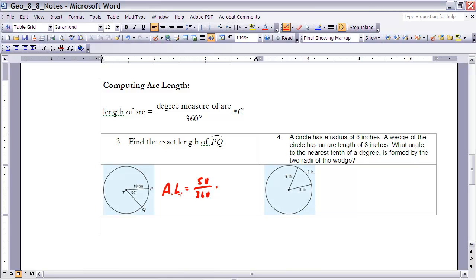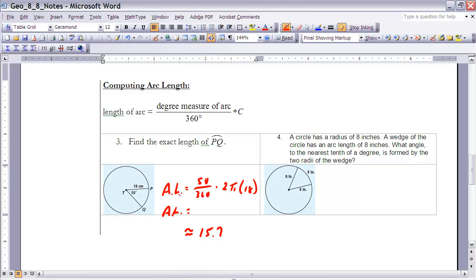And I know the circumference is pi times the diameter, or 2 times pi times the radius. So I'm going to say times 2 times pi times, in this case, the radius is 18. If I multiply that together, I will have the arc length for this particular one. Why don't you try that on your calculator at this time? Pause the video now, try it on your calculator, and turn it back on, and I'll have the answer there for you.